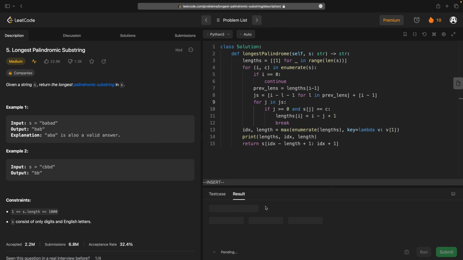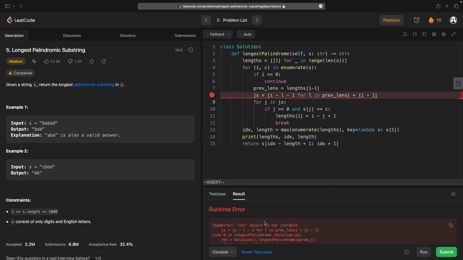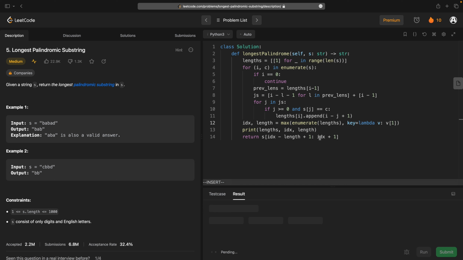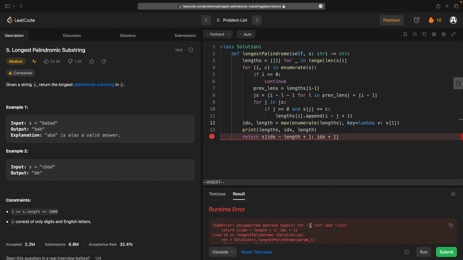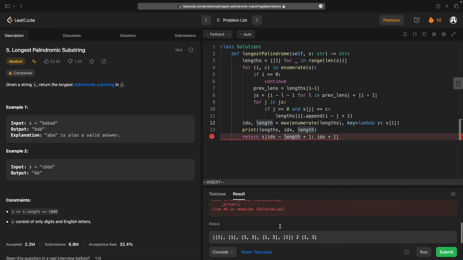So what does that look like? In object is not... Oh. Oops. So we've got 1, 1.